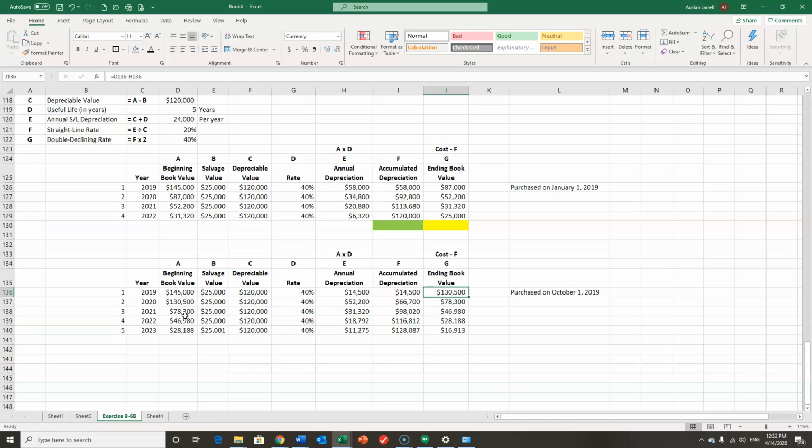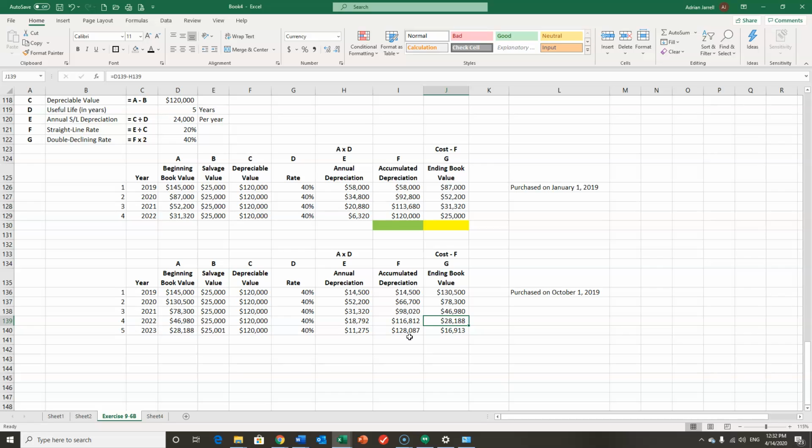Use that 78,300 to come up with our depreciation this year, 40% times that, and we end up in the fourth year getting down to $28,000 in the book value, or up to 116,000 and change in the accumulated depreciation. And you notice if we let the equations work, then we'll be over depreciated the next year.